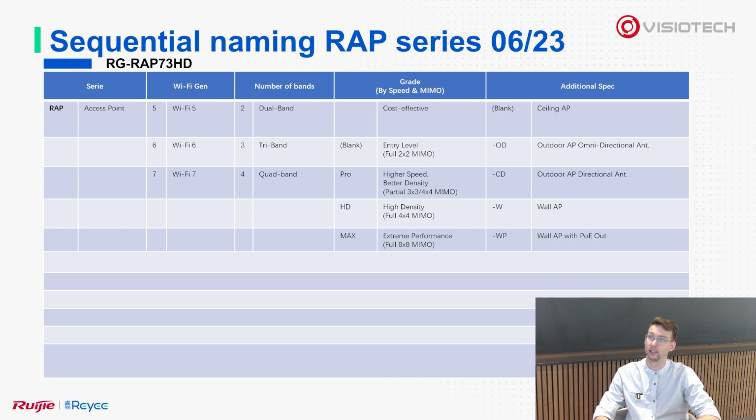Then we again have the grade itself with the entry level, if it's just blank, the higher speeds with the Pro version, the high density, and also the extreme performance, which is indicated as MAX. Then the additional specification depends on the mount, or where we want to mount it. As I said before, blank is a ceiling access point. We have the outdoor access points with omnidirectional and directional, the wall access point, and again the wall access point with PoE out.